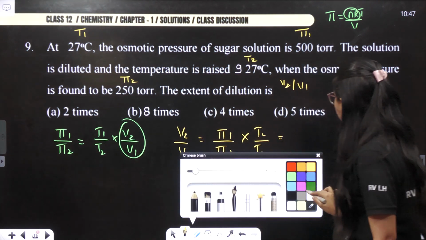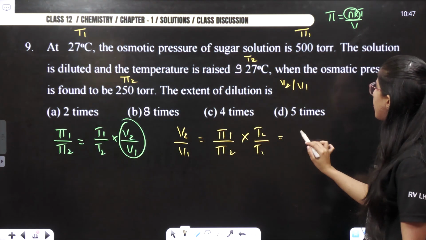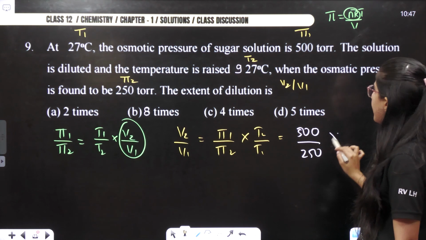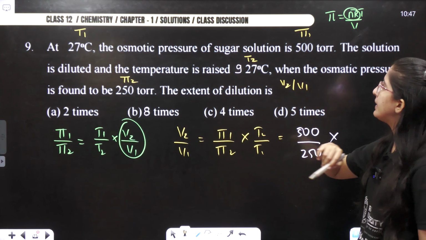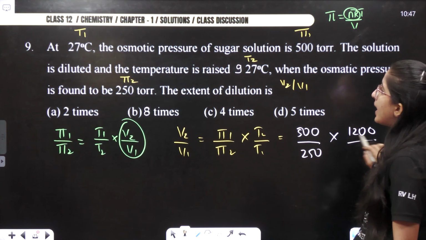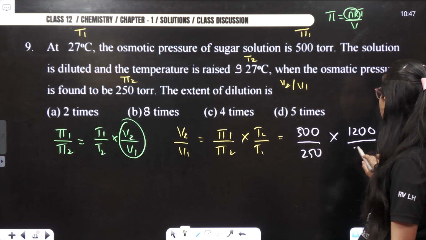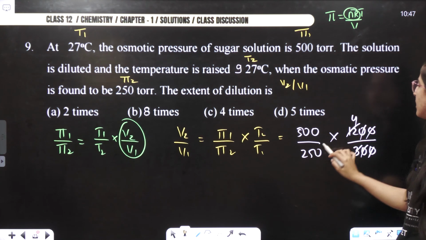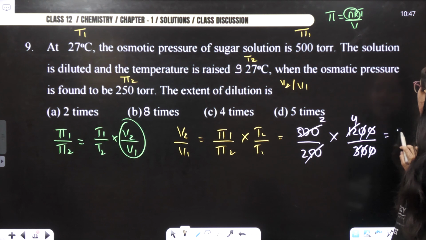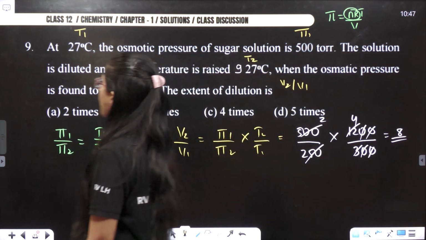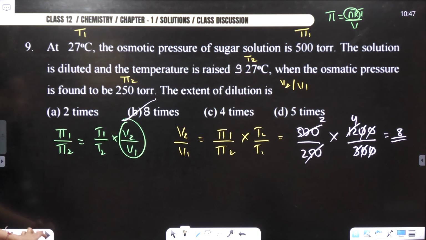Pi 1 is 500 and pi 2 is 250, multiplied by T2, that is 927 plus 273, which is 1200, divided by 273 plus 27, which is 300. So this got cancelled. 3 4s are 12, 25 2s are, 4 2s are 8. So how many times have you increased dilution? By 8 times. So option number B will be your correct option.